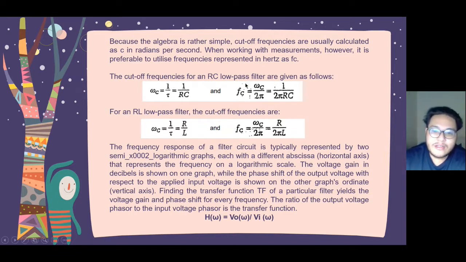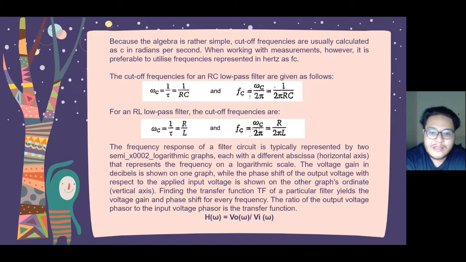This is the formula that has been given for the RC low-pass filter. For an RL low-pass filter, the cut-off frequency is fc equal to ωc divided by 2π, or it can be proven as R divided by 2πL.